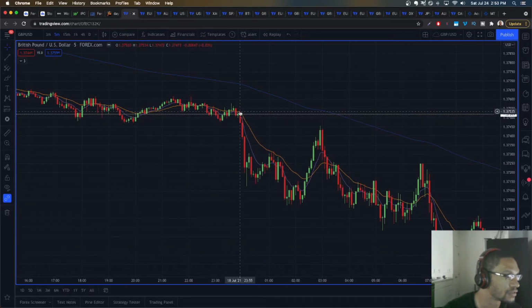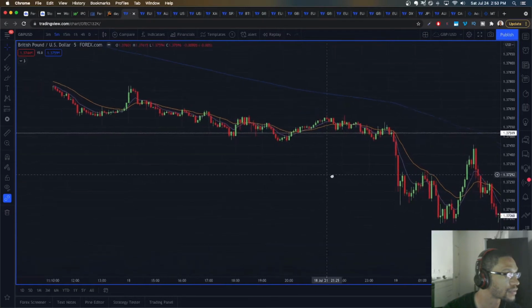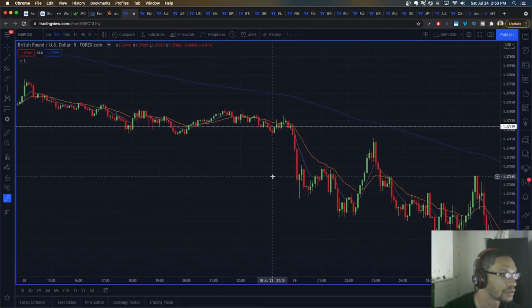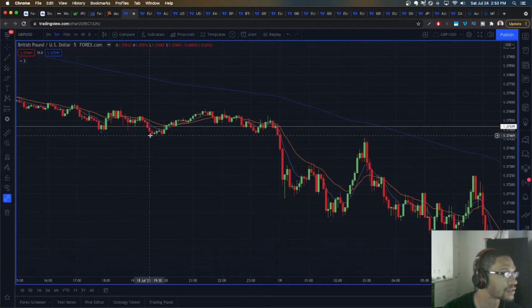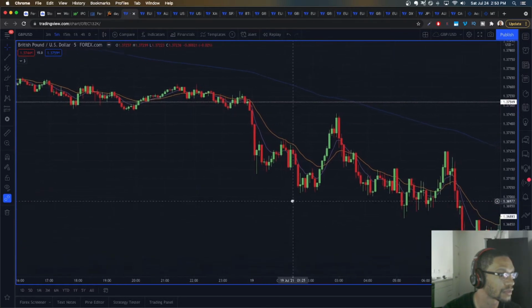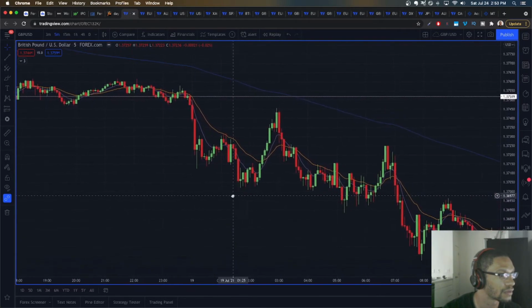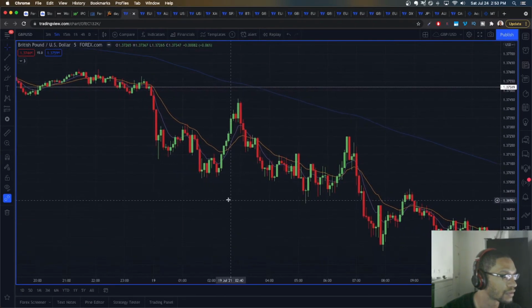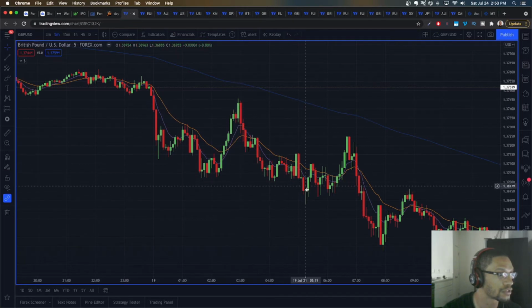So this is the start of the London session right here. Well, look at that. We got a trade already. So this is a consolidation breakout here. So you could have taken a trade there. This was an okay trend continuation, but it would have failed. Here's another trend continuation. That one would have worked.